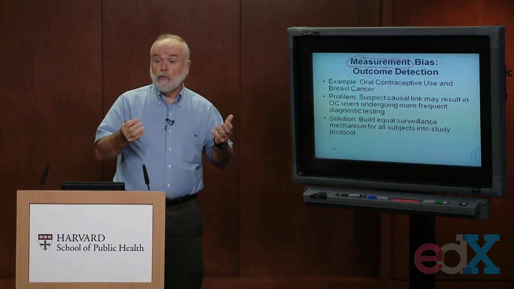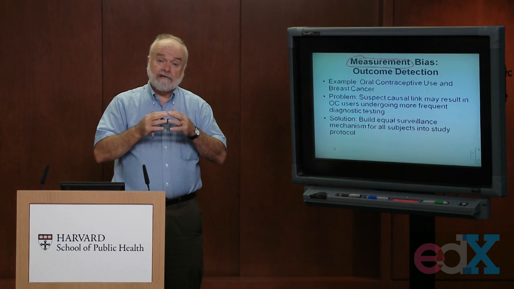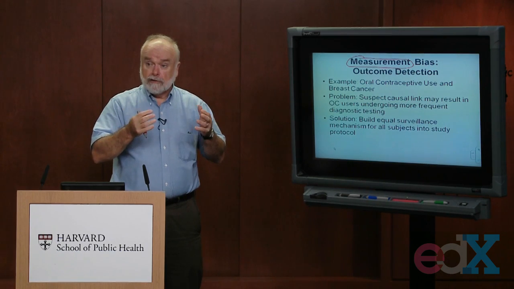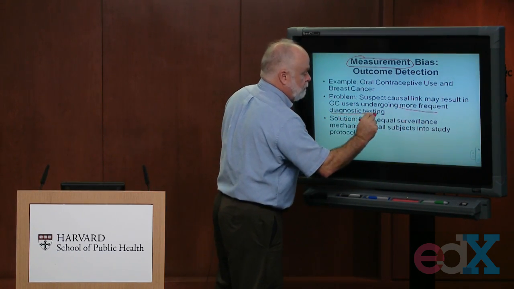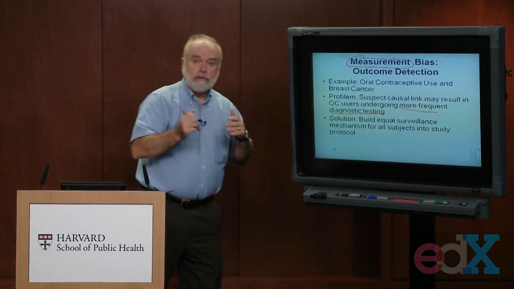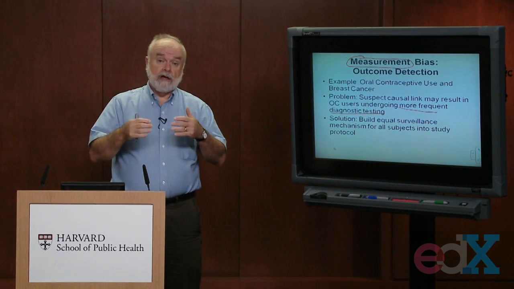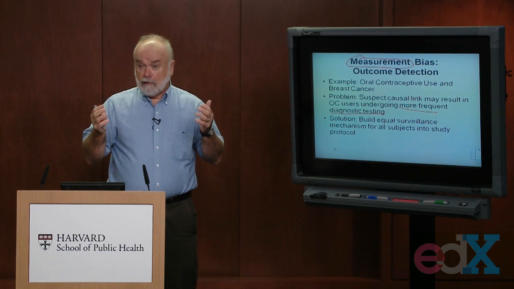Women themselves might be aware of that potential, or their physicians might be aware of that potential. And as a result, those women or their physicians will recommend that those women undergo more frequent testing during a period of their lives. So the women who are exposed see their doctors more often. Their doctors recommend mammograms more often than the women who are not on oral contraceptive use.